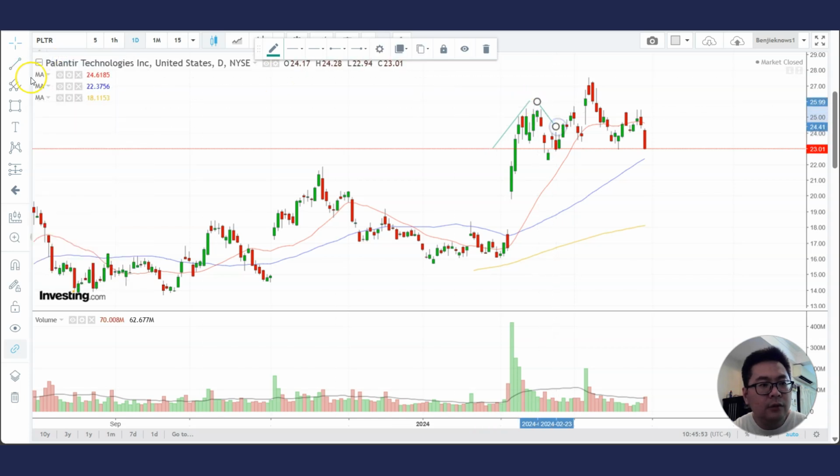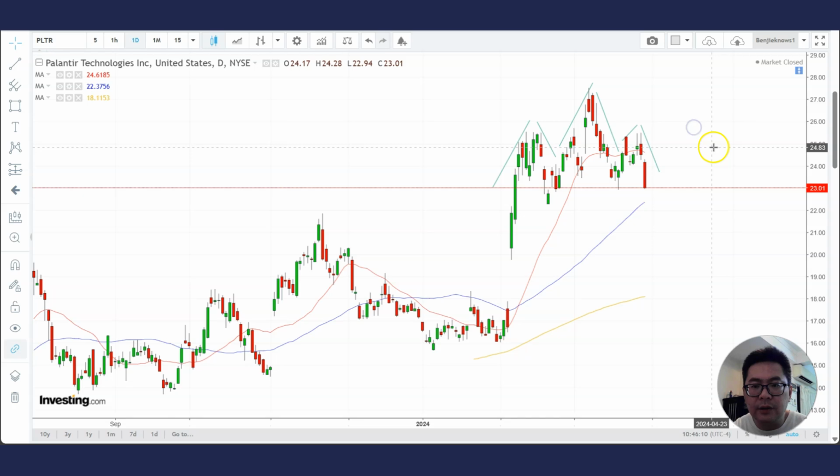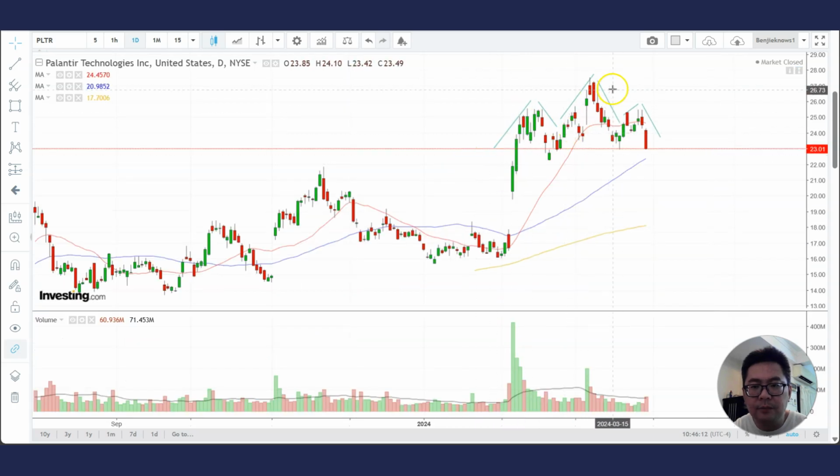Let me just draw the head and shoulders pattern for you to see. It's quite interesting actually. Sorry, I'm a bit slow at drawing. If you can see the head and shoulders pattern, maybe this will be the neckline. As it slashes through here.